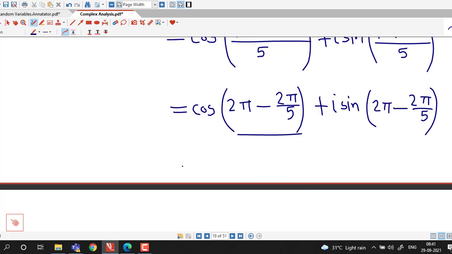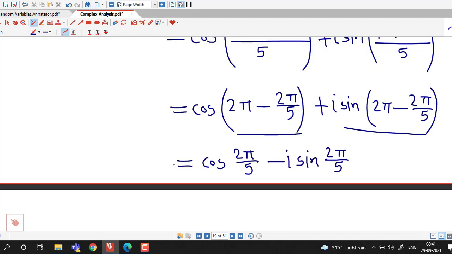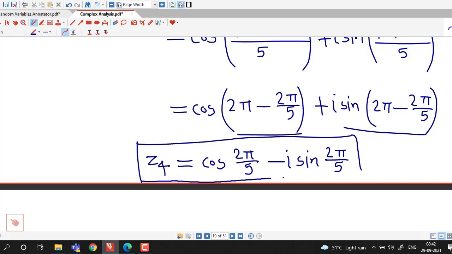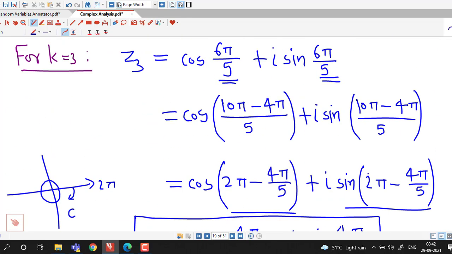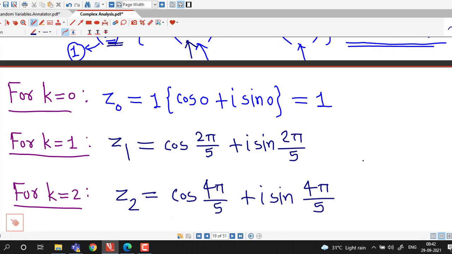So again we are in the fourth quadrant. In the fourth quadrant cosine is positive and sine is negative, so this is going to be minus i sin 2 pi by 5, and this is the fifth complex root, z4 equal to cosine of 2 pi by 5 minus i sin 2 pi by 5. Okay, so in this way we can obtain the fifth roots of unity.